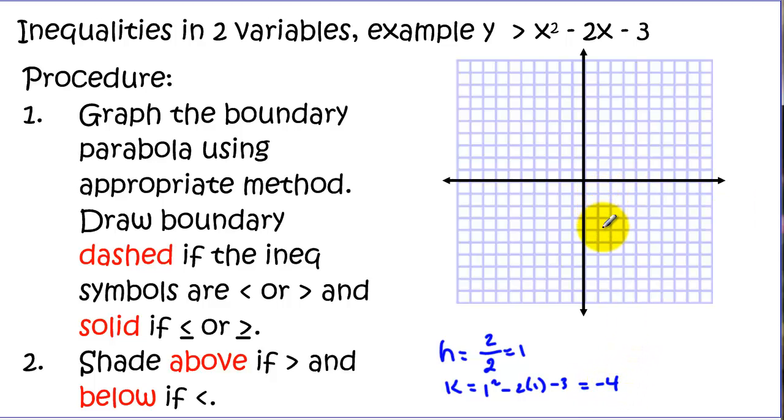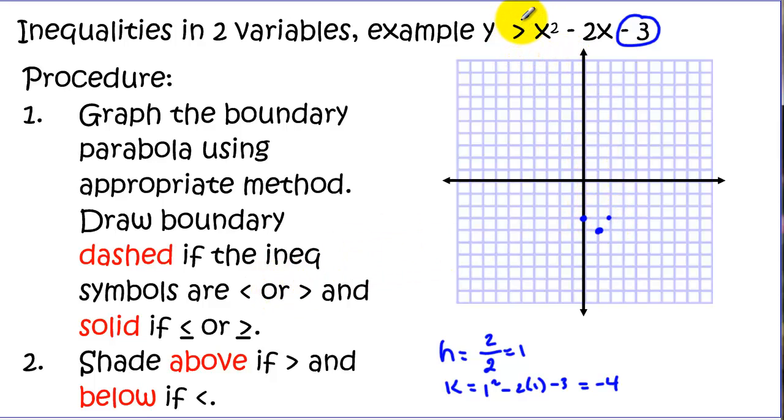So we know our vertex is at (1, -4), and this is our axis of symmetry. From standard form, we know this number is our y-intercept. One to the left, I have another point here, and one to the right. So I've got 3 points to draw my parabola shape.